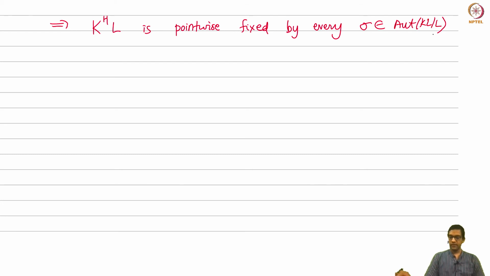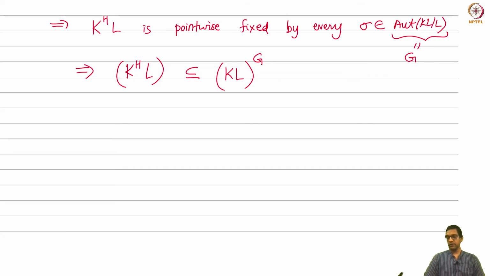Okay, but then what does this mean? What does the fundamental theorem of Galois theory tell us? It says that if I have the Galois group, then KHL is contained in the fixed field of the entire Galois group. So if you call this group G the full Galois group, then this is contained in the fixed field of the Galois group of KL.